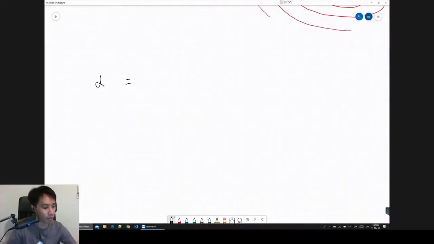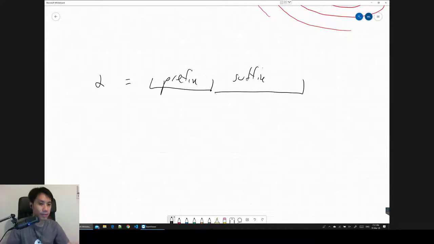I can visualize it as follows. Alpha equals a string, let's call it the prefix, followed by another string, the suffix. For beta to be circular, it's going to begin with the suffix followed by the prefix.